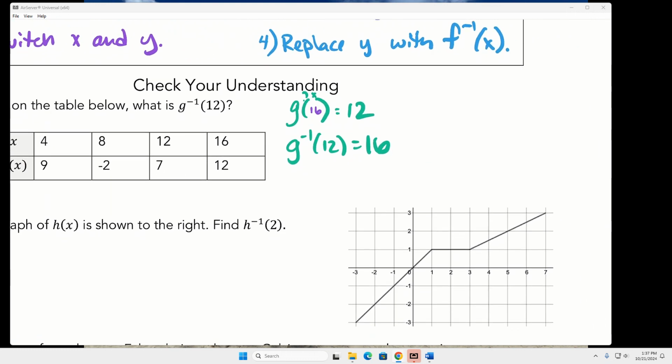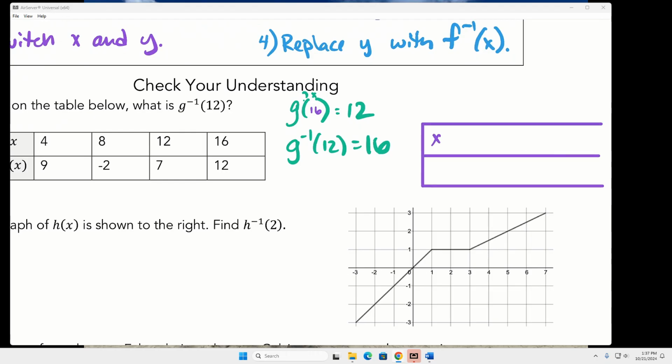All right, now last class they were a little confused by that. So we also went ahead and we just made a table for g inverse. And I'll probably, on your assignment, ask you to do that also. So on this table, it's going to be the table for g inverse of x. Now finding inverses with tables is super easy. I'm making it sound like everything is super easy today. It's not, but tables are.